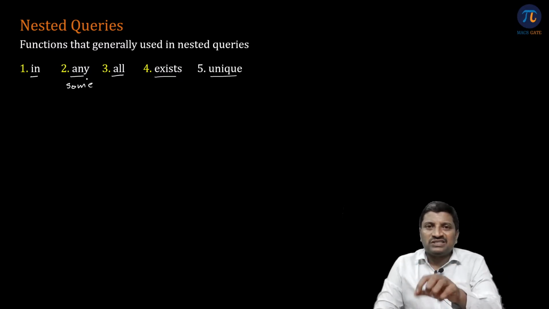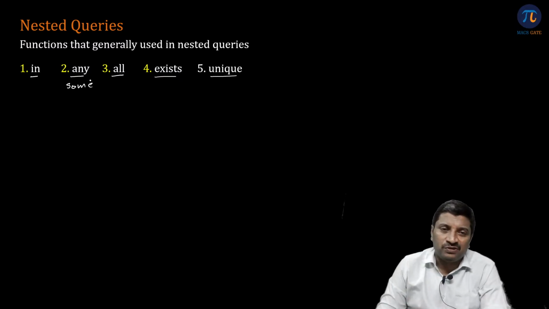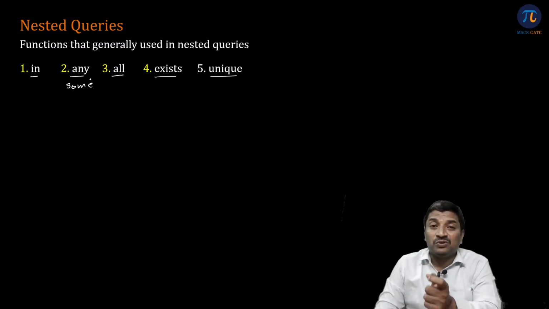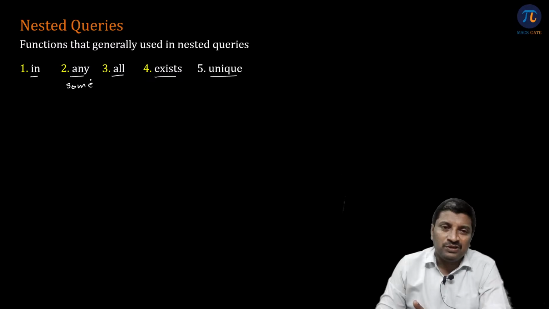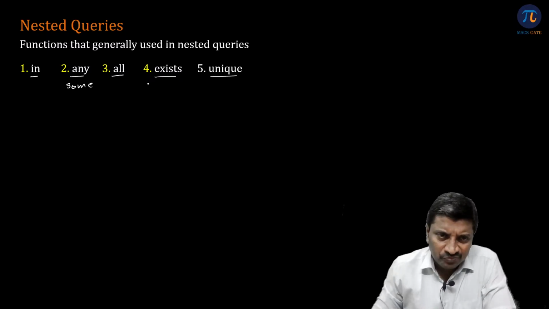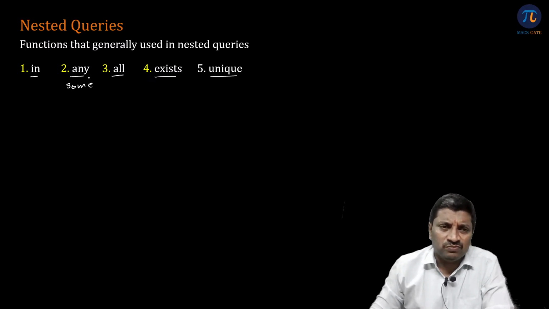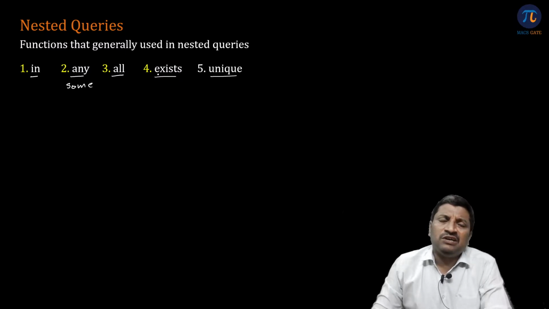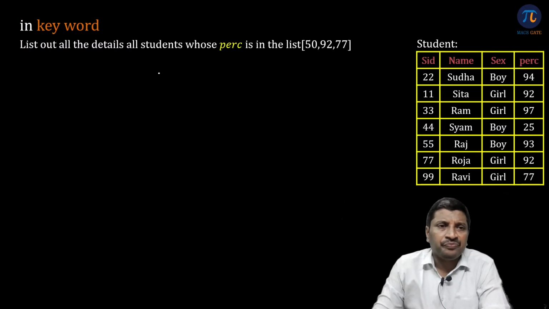Where marks are greater than or equal to any one of the listed marks, or greater than or equal to some of the listed marks, the intention is the same. We already used some of these keywords in our regular queries. Now let us discuss how to use these keywords in nested queries one by one.